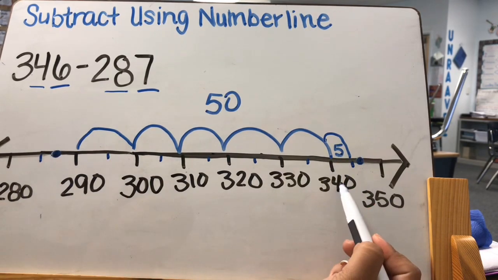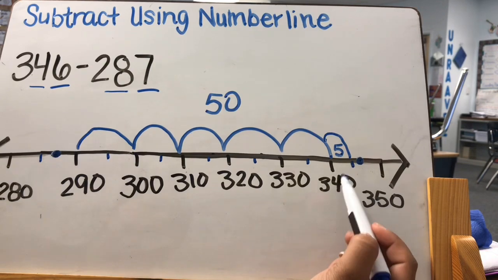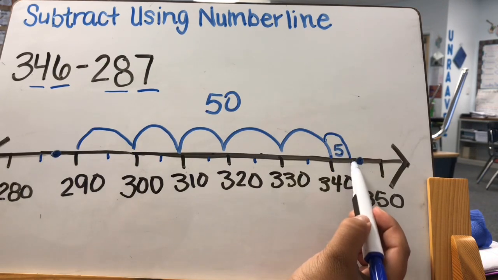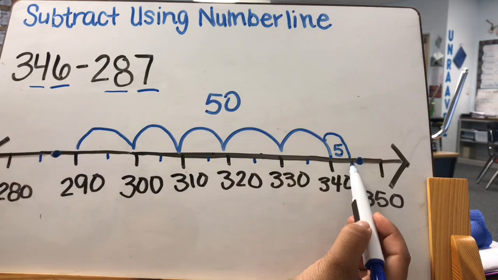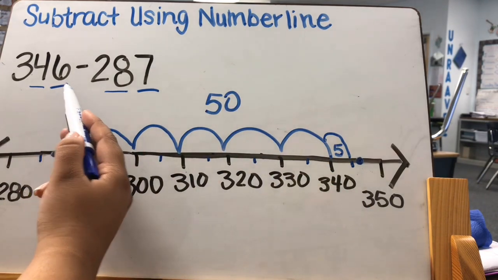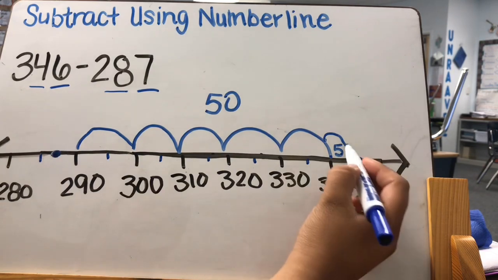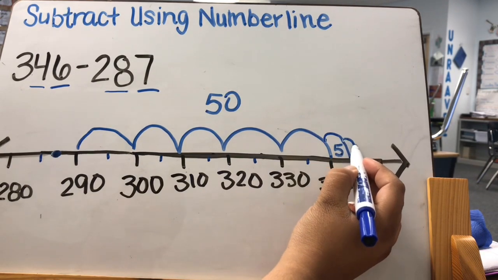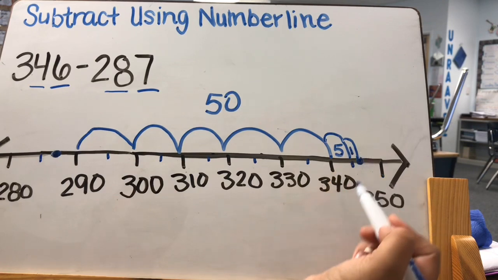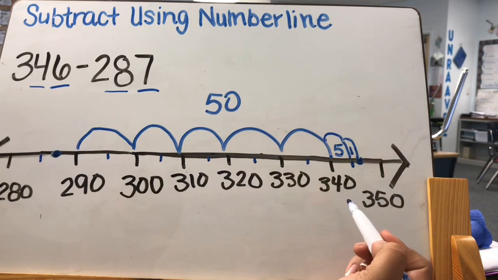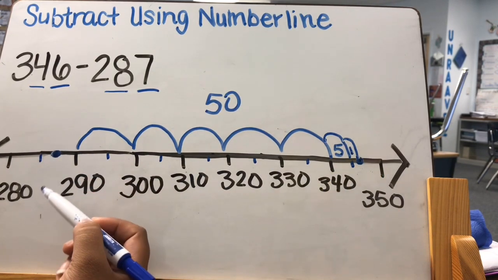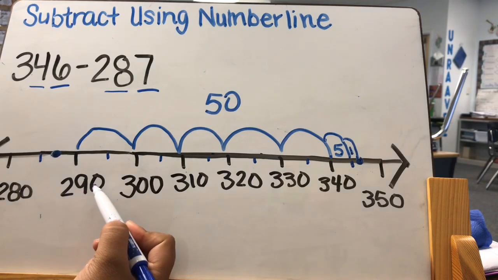Once I get there, I need to see from 345, how far am I from 346? So 346 minus 345 would be 1. So I have another little hill whose value is 1. Now I'm going to go back and look at 290.